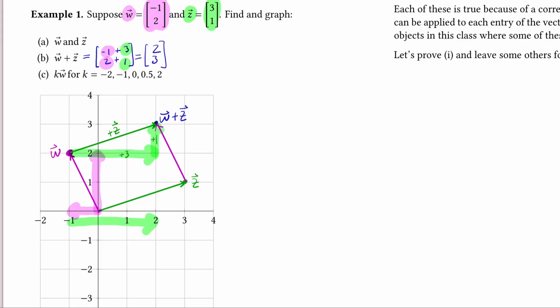Let's look at part C next. So first, let's just calculate this using the definition with the components. For example, negative 2 times W is defined as multiplying each of the two components by negative 2, which gives you components 2 and negative 4.